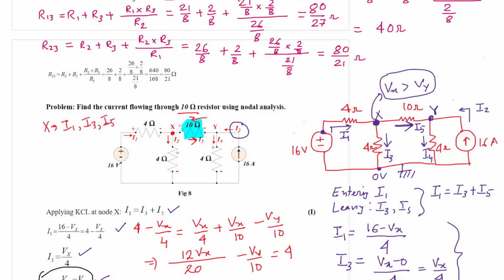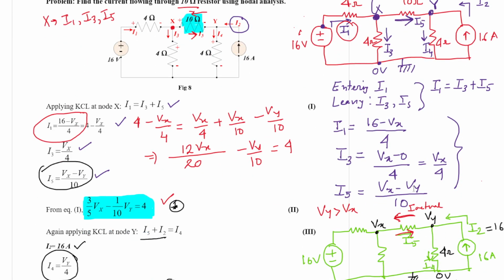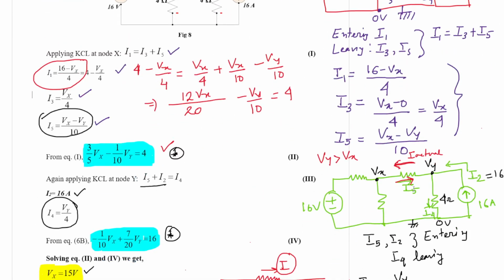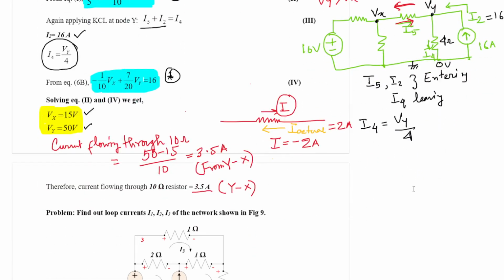Try to write the KCL equation from the understanding of incoming and outgoing current. Then using Ohm's law, write down the current equation. For example, here I1 is equal to 16 minus Vx divided by 4. In this way, you write all the current equations, and for two nodes you get two equations, and when you solve, you will get the answer.